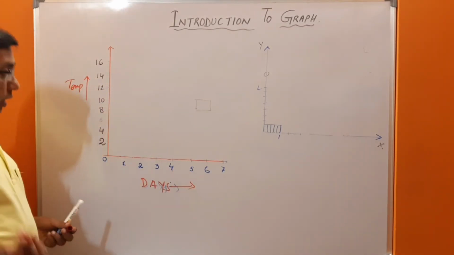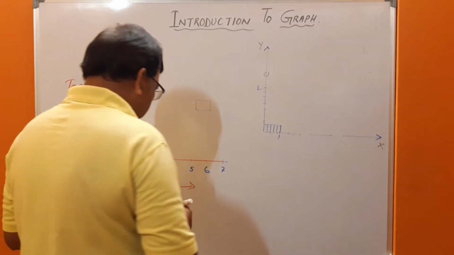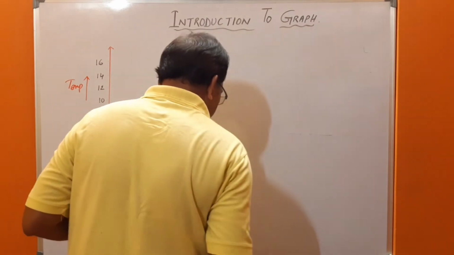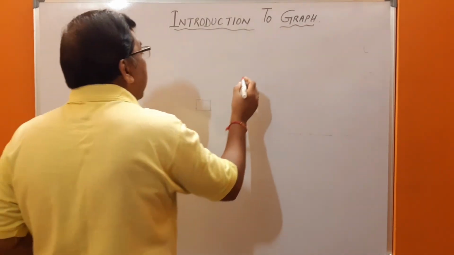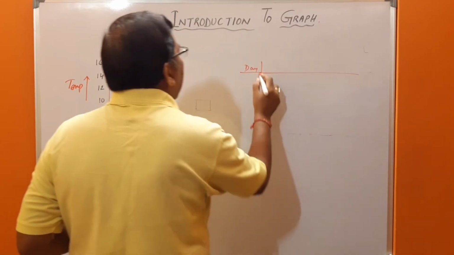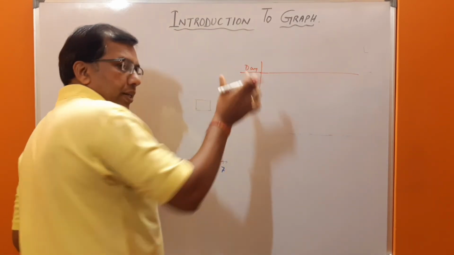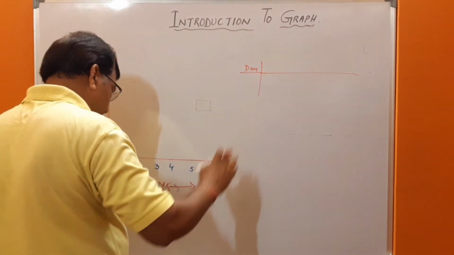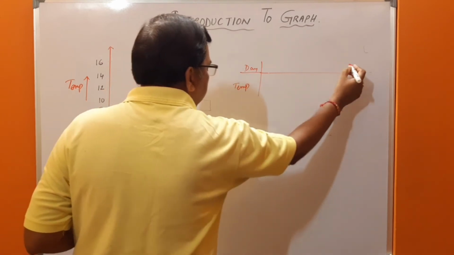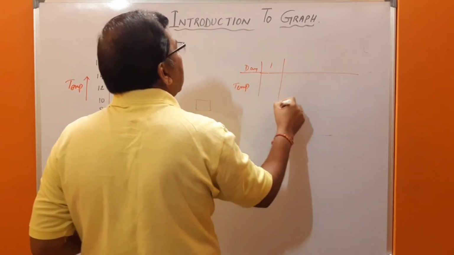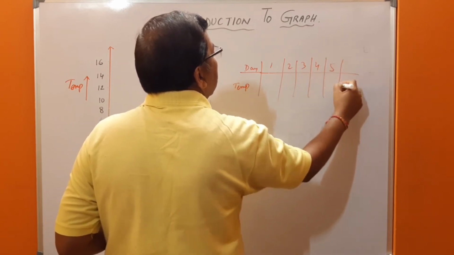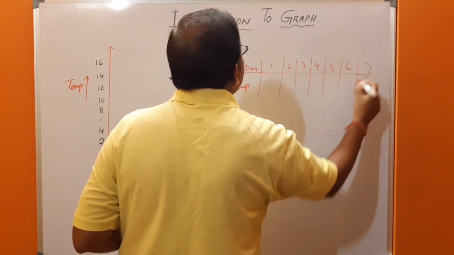Temperature is given. Suppose a table is given, day in a month, November, December, October, whatever, and temperature: day 1, 2, 3, 4, 5, 6, 7.